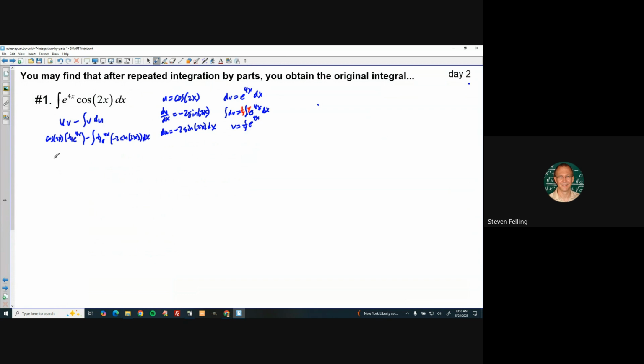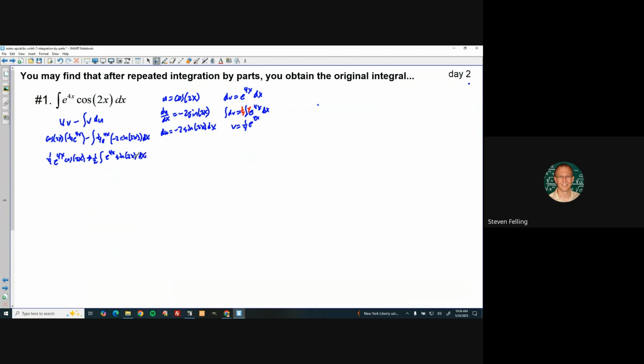Cleaning this up a little bit, we have a 1/4 and e to the 4x and a cosine 2x outside of the integral. And then we have minus negative, so that's plus. 2/4 is 1/2. And then an integral of e to the 4x times sine of 2x.